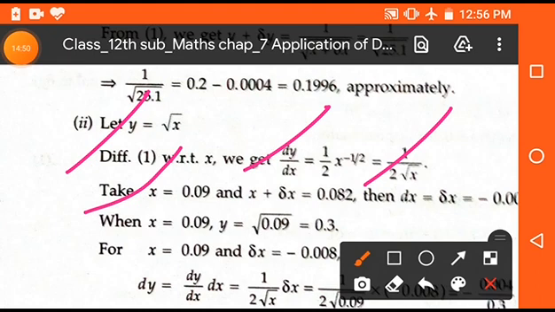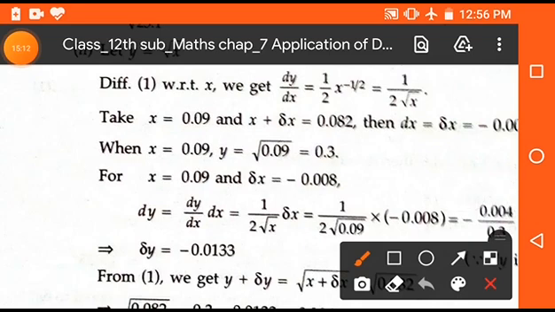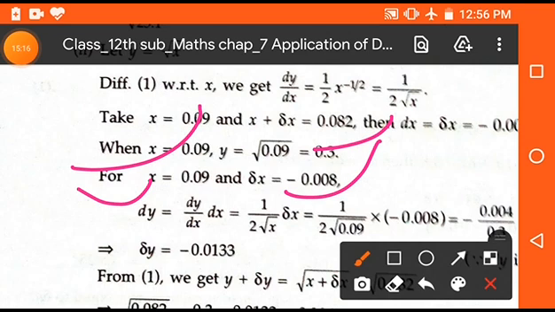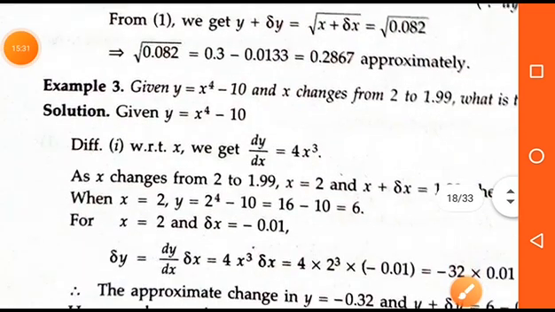You can find the value very easily because we know the square root of 0.09. Clear? Now if you put these values, then you will find x is equal to 0.3 and del x equals to minus 0.008. Then by using the formula dy is equal to dy upon dx into del x, we get dy is equal to minus 0.133. Clear? Okay, students.